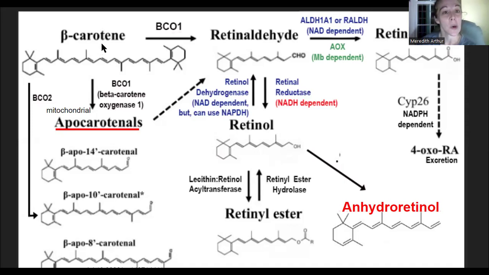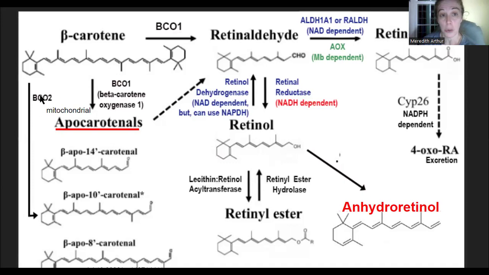Okay, so you have beta carotene. And then if you have a slow BCO1, you absorb more beta carotene, but you have this backup enzyme called BCO2 that's in the mitochondria, and its goal is to keep you from having toxic levels of beta carotene.